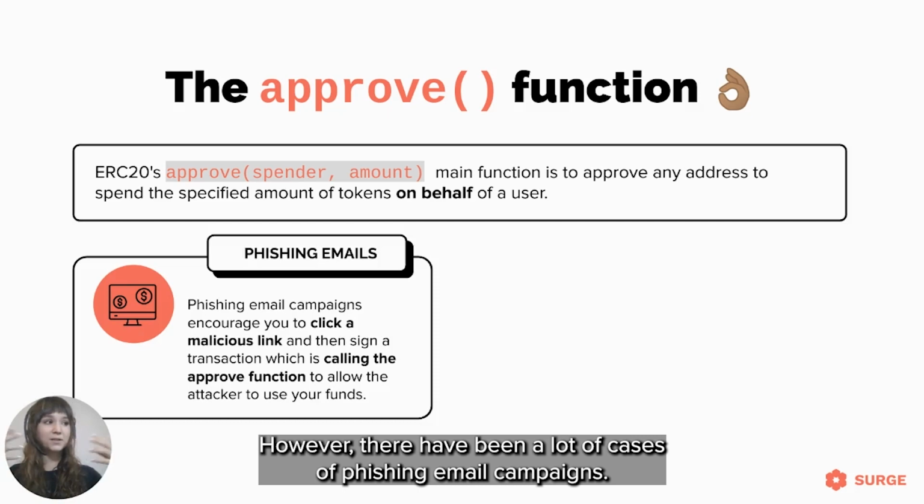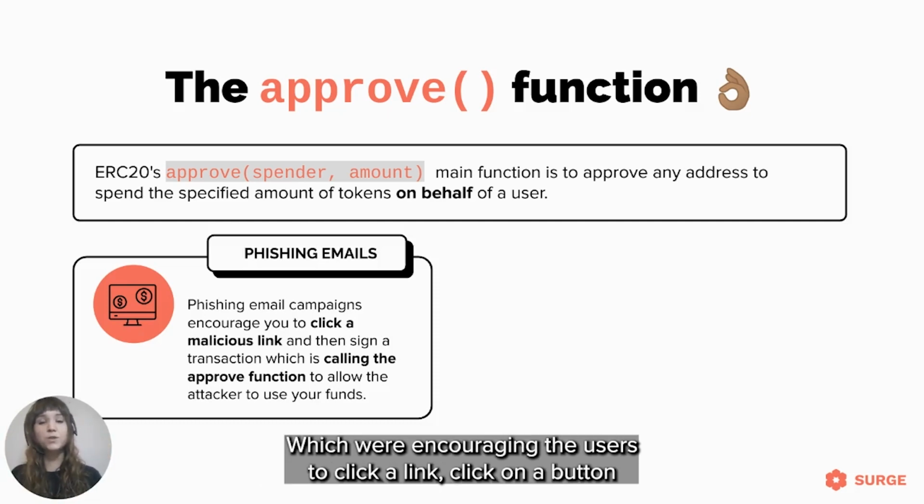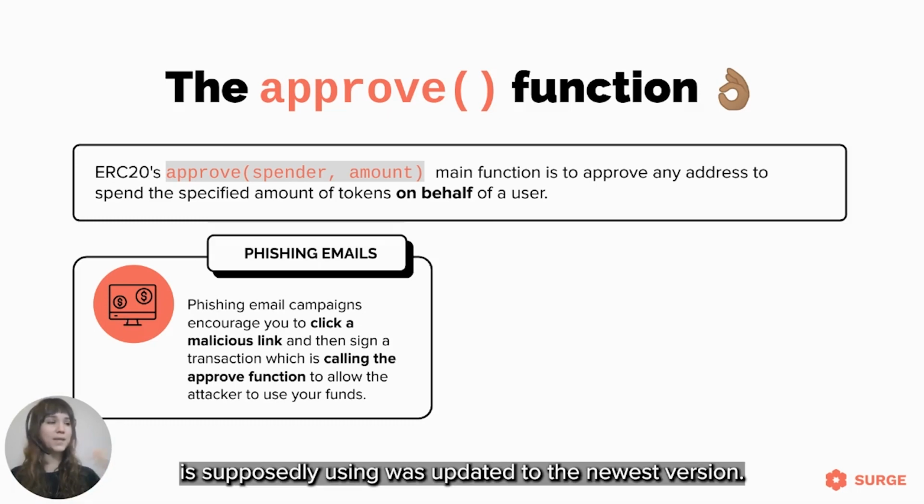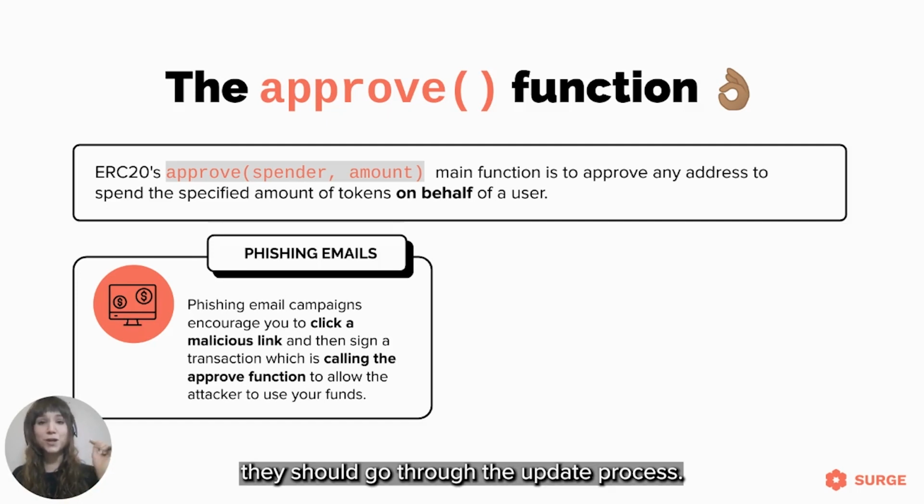However, there have been a lot of cases of phishing email campaigns which were encouraging the users to click a link, click on a button, because the tool that this user is supposedly using was updated to the newest version, and in order to use all the advantages of the new tool, they should go through the update process.